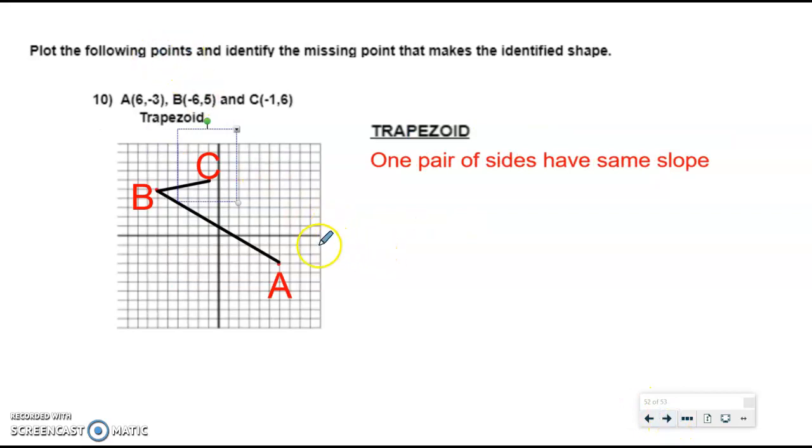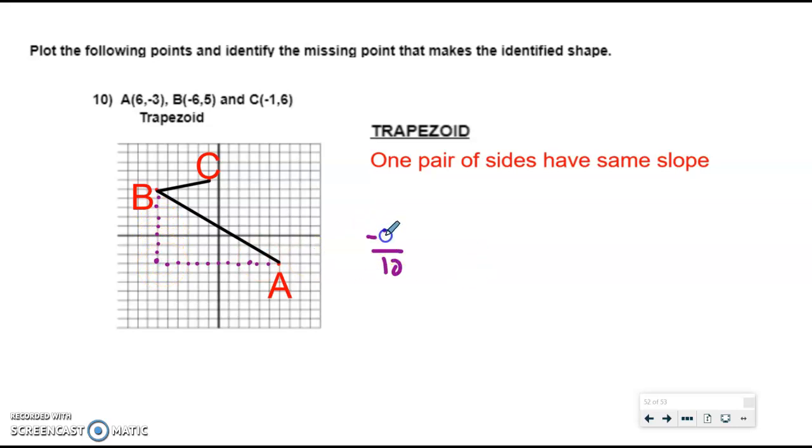This last one is just a trapezoid. So if I look, I'm going 1, 2, 3, 4, 5, 6, 7, 8. And then it's going over 1, 2, 3, 4, 5, 6, 7, 8, 9, 10, 11, 12. So I know it's over 12, and I think I said down 8. 1, 2, 3, 4, 5, 6, 7, 8.